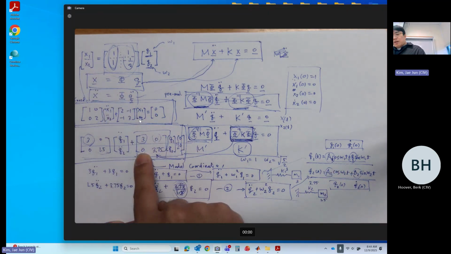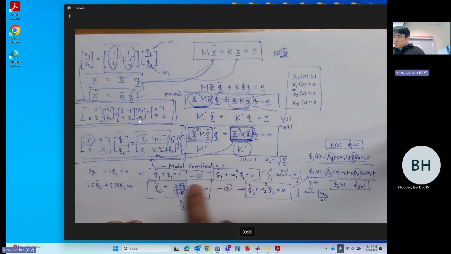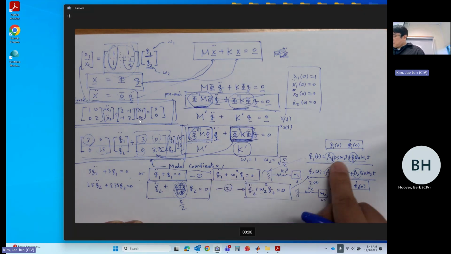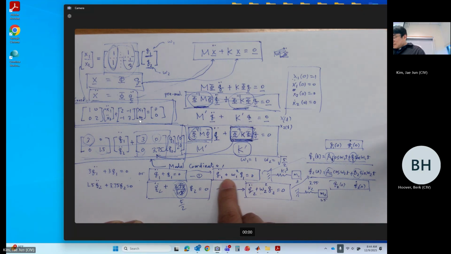So it's much easier to solve your differential equation if you write the equation of motion in modal coordinates using modal transformation, then solve for q1 and q2, and then go back to physical coordinates. Because in modal coordinates, all the equations are uncoupled, and each equation is a second order differential equation which we know how to solve, because each equation is a simple harmonic motion.